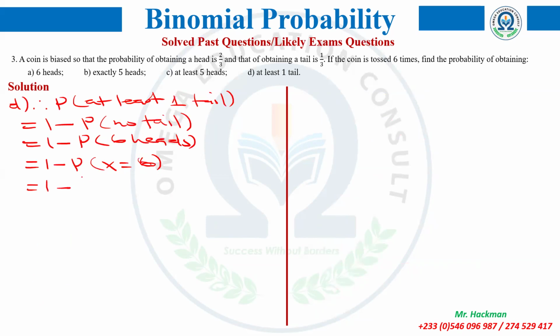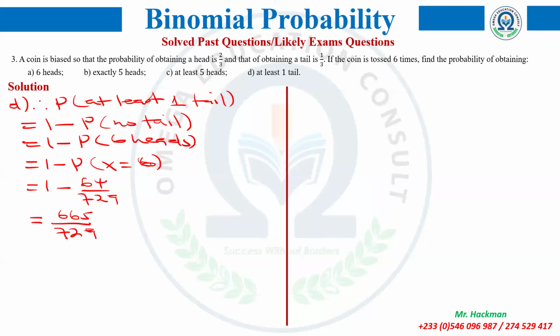Which will be equal to 729 as your denominator, and your numerator will be 729 minus 64, which is 665. Very good. So this will be it for question number 3.